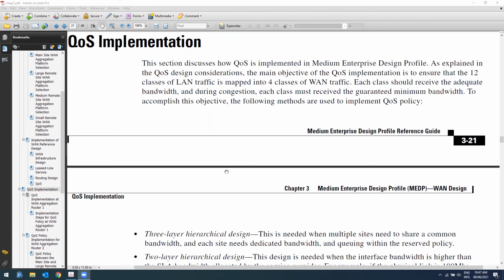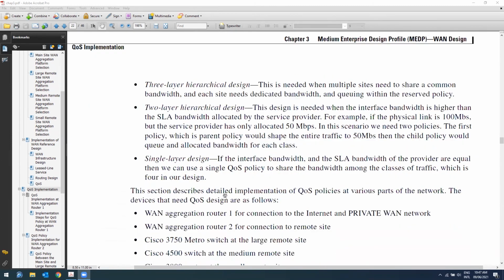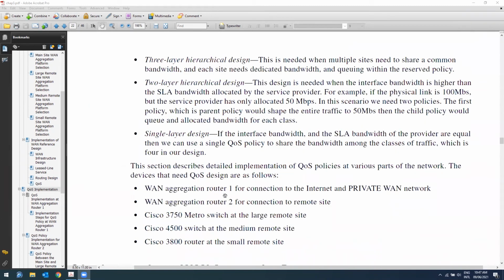So, three-layer hierarchical design. This is needed when multiple sites need to share a common bandwidth, and each site needs dedicated bandwidth and queuing within the reserved policy. Two-layer hierarchical design. This design is needed when the interface bandwidth is higher than the SLA bandwidth allocated by the service provider.